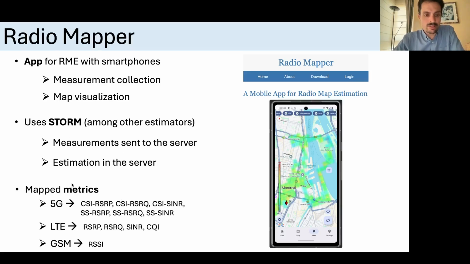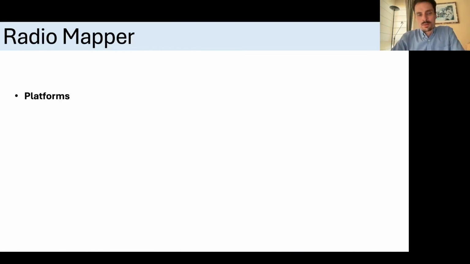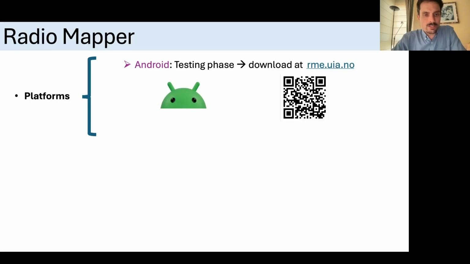And among the metrics that are mapped, we have these ones here, which characterize pretty well the quality of a connection in these cellular technologies. When it comes to platforms, this app has been developed for Android and is currently in the testing phase.